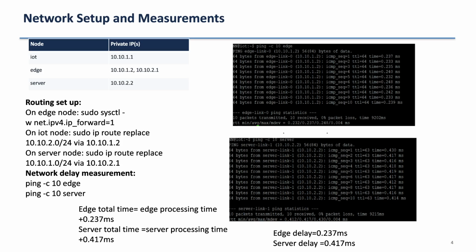The server total time is equal to the server processing time plus the server delay time. In the project, I tested the edge delay is 0.237 milliseconds, and the server delay time is 0.417 milliseconds.